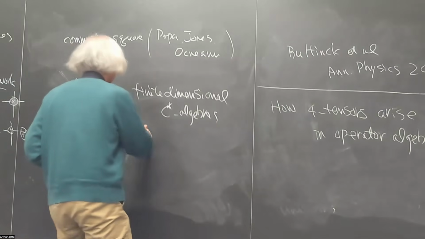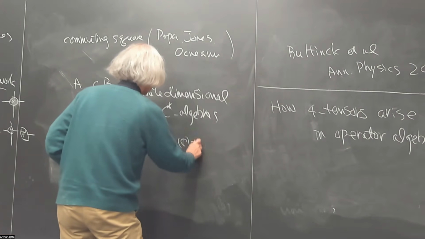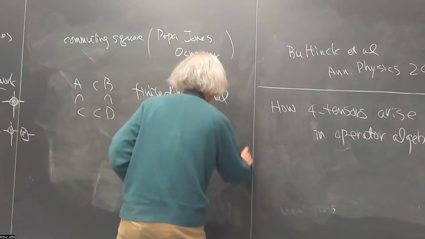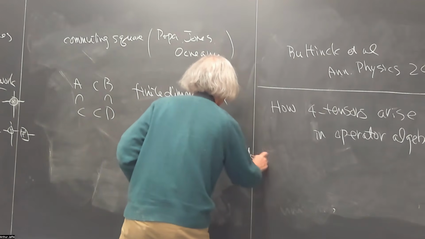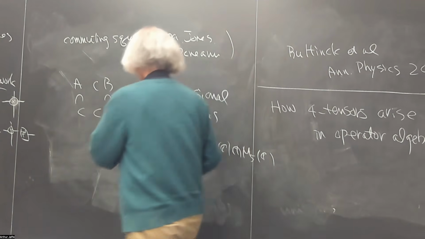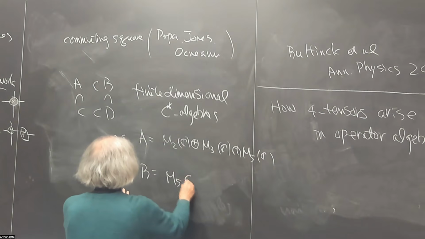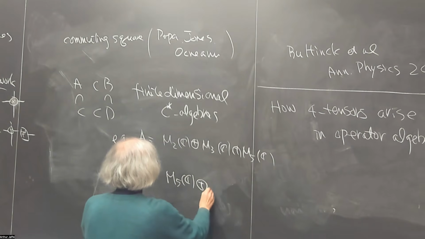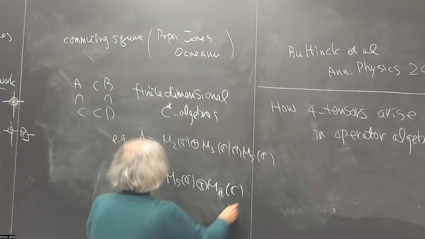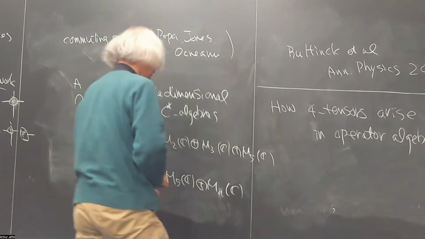So for example, A is something like 2 by 2 plus 3 by 3 plus, say, 5 by 5, for example. And also say B is, yeah, for example, this kind of thing.